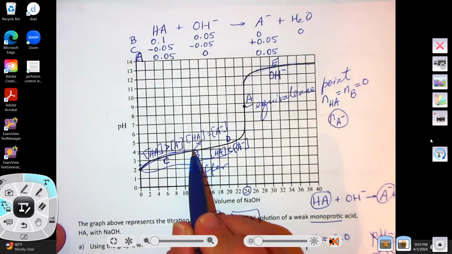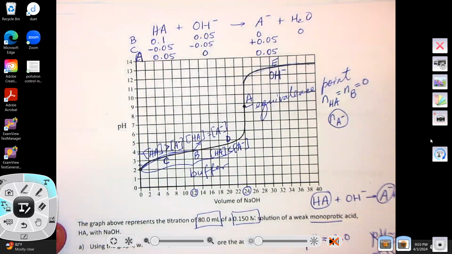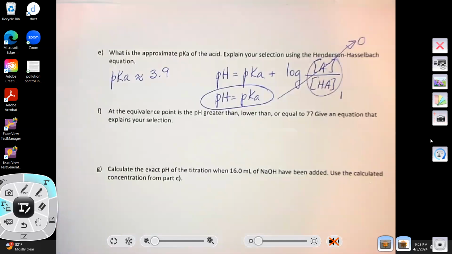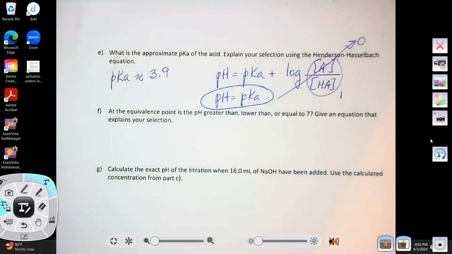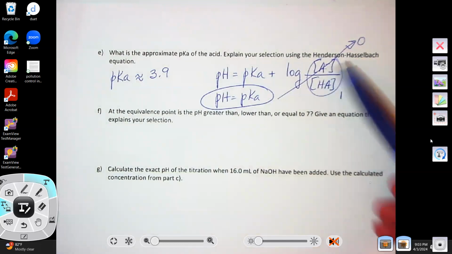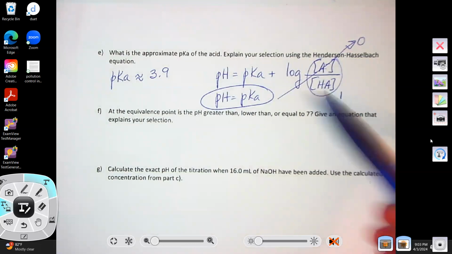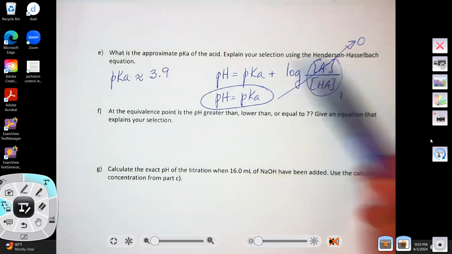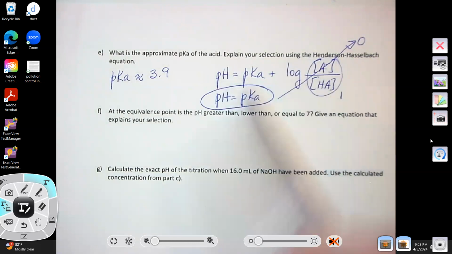You go up and then you find the pH, and that is the pH of the solution at half of the equivalence point, which is equal to the pKa. And you just explain it using the Henderson-Hasselbalch equation. So with words it would be: at half of the equivalence point, these two concentrations are the same, so this factor becomes 0 because the log of 1 is 0. So these two become equal.